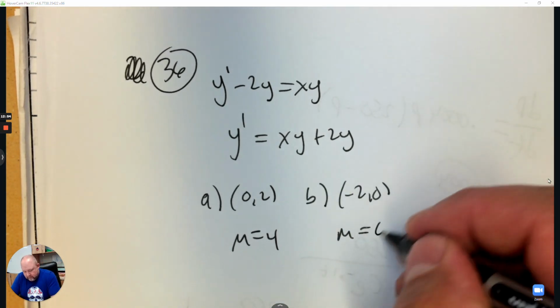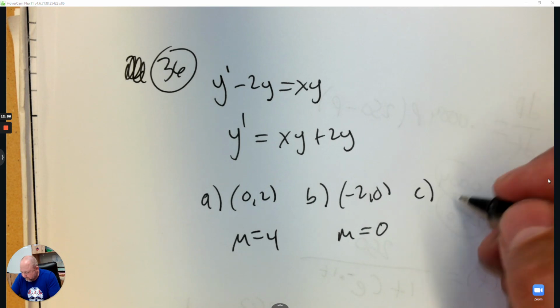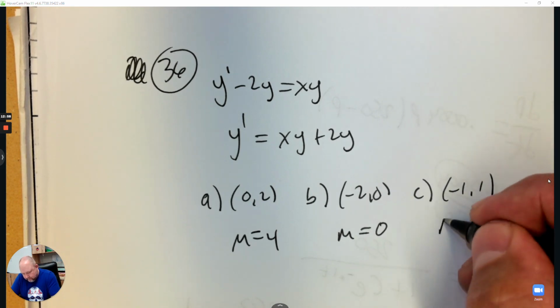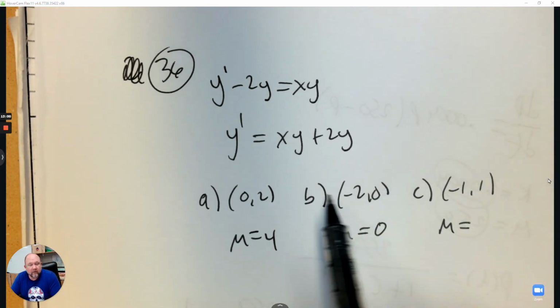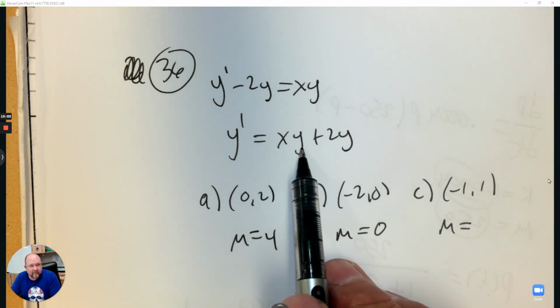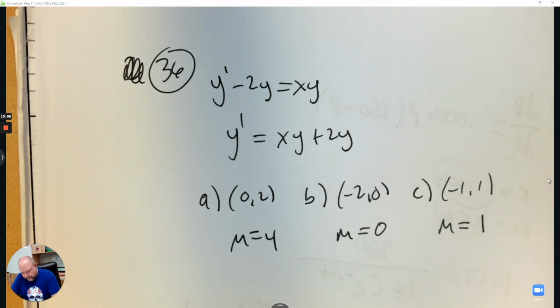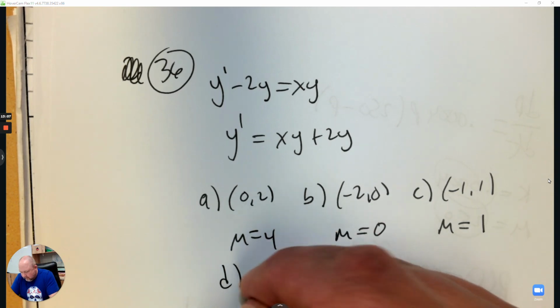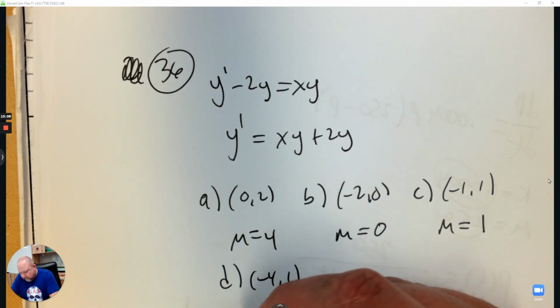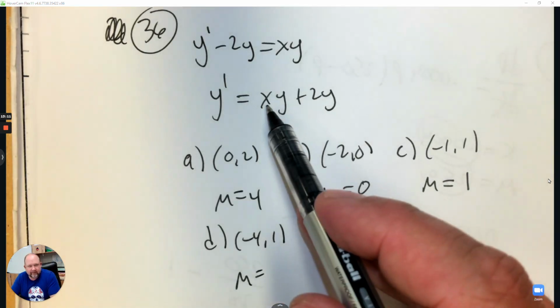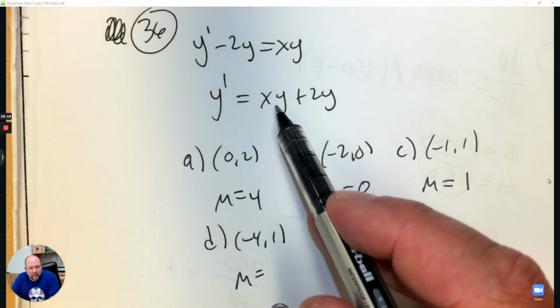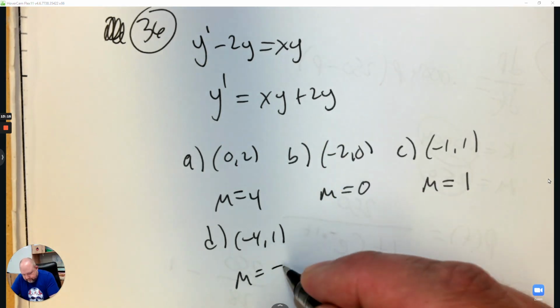That's going to be 0. That's negative 1 plus 2. That's negative 4 plus 2.